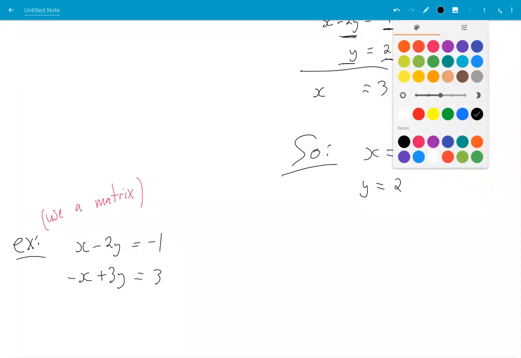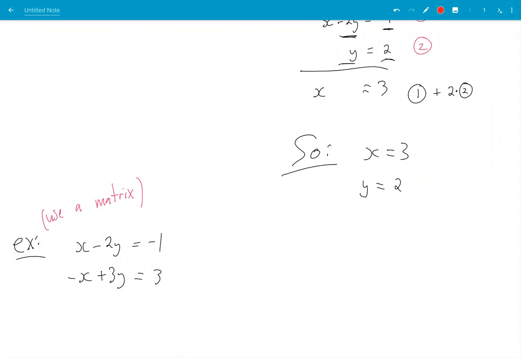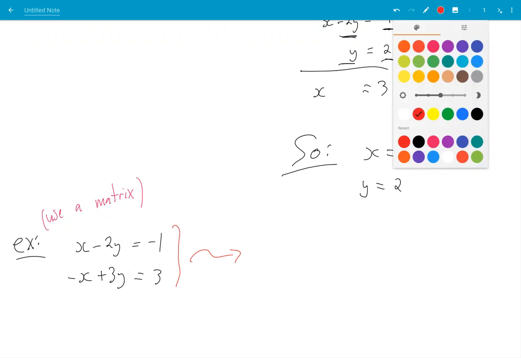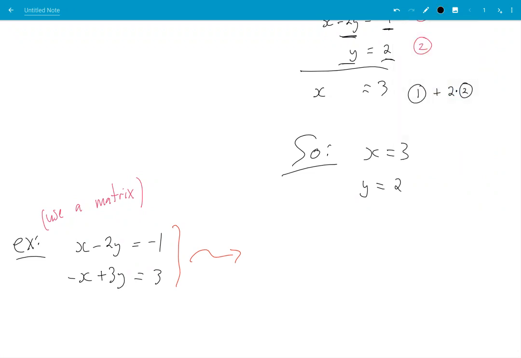So what does that mean? We are going to take this information about x and y and ask ourselves, what is important? Well, the important thing is the number in front of x here, which is a 1.